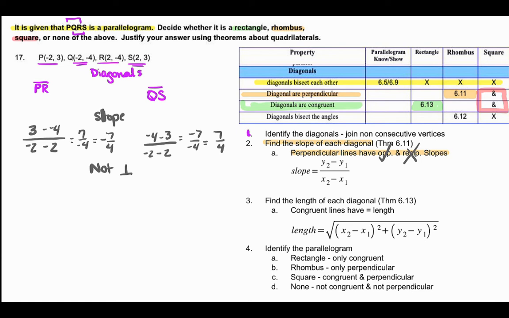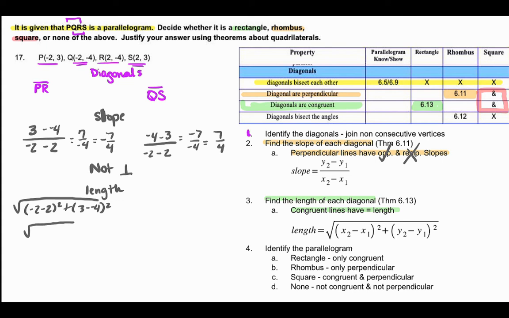So we go to our next calculation, and we're going to find the length of each of the diagonals. Because of theorem 6.13, the diagonals are congruent in a rectangle. Congruent lines have the same length. So this time we're going to calculate the length of our diagonals. For PR, it's going to be -2 minus 2 squared plus 3 minus -4 squared.